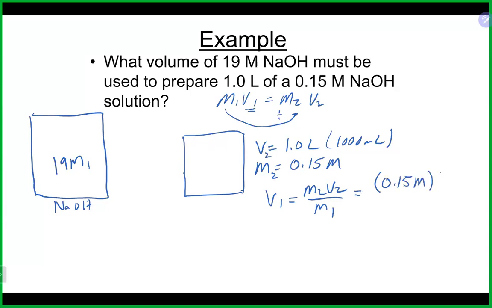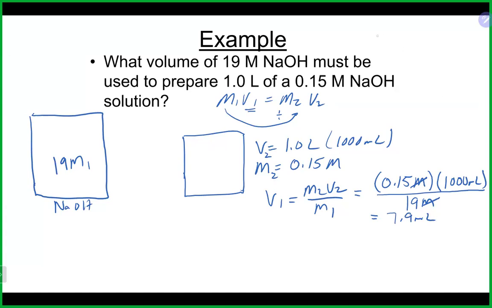And I'm going to actually use the milliliters in this case, just so I get a little bigger numbers. And that's 1,000 milliliters, which is 1 liter, divided by 19 molar. The molarities will cancel, and again, because I did it in milliliters, I'll end up with 0.15 times 1,000 divided by 19, and that's going to get me roughly 7.9 milliliters.